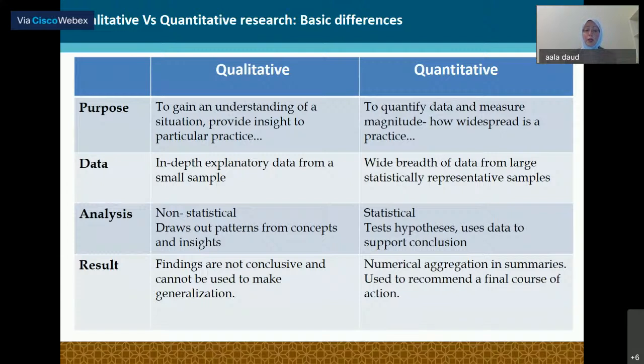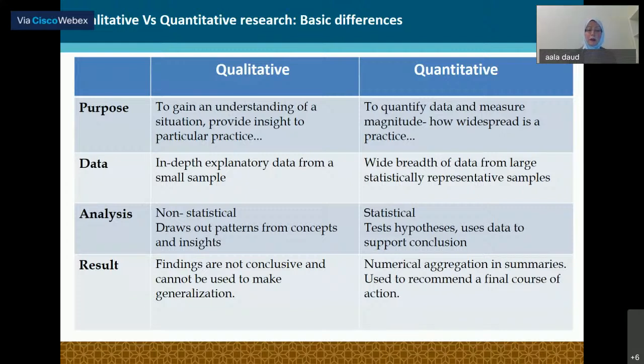In terms of analysis, for the qualitative, it's non-statistical compared to the quantitative, which is statistical. So in the qualitative, you're trying to draw patterns or theories or concepts and insights into something, while for the quantitative, you're testing a hypothesis or using data to support the conclusion.